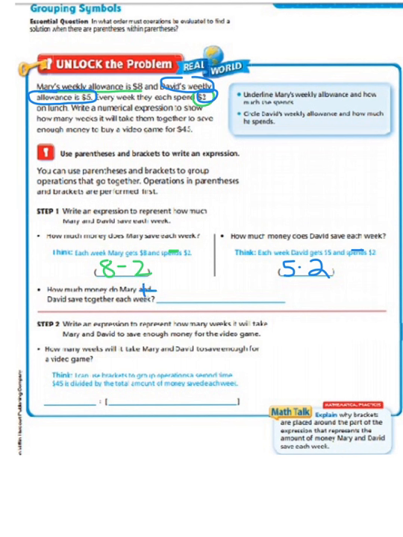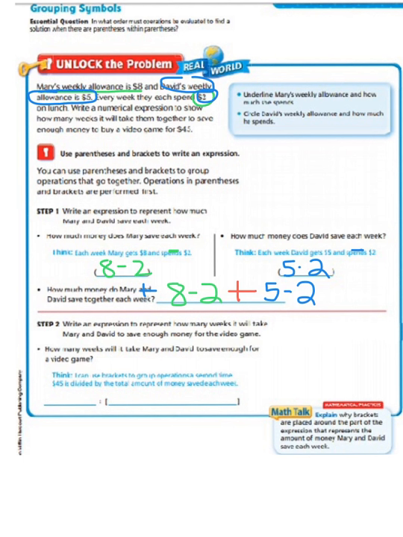So we take Mary's 8 minus 2, and David's 5 minus 2, and then we will be adding those together.